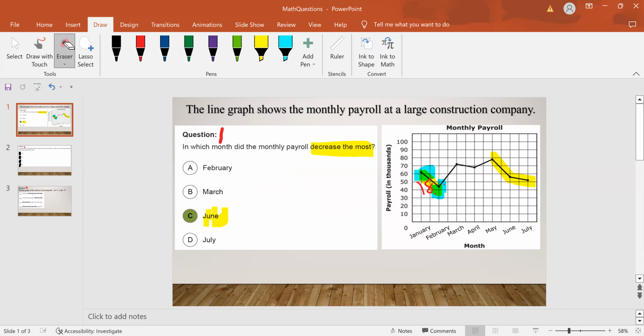Other side, and what is that month? That is May. So in May, you will see that the point is a little bit below 80. So we can assume that this is 79 here. Yeah, it's a little bit below 80, 79. And that dropped to 50 something.